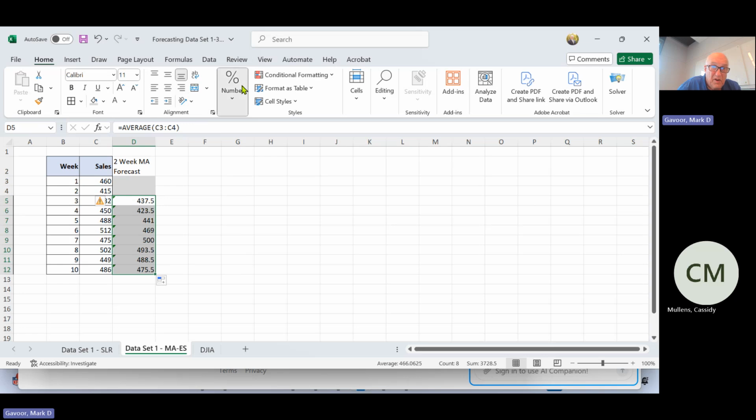So in this case, I would go here and get rid of 1 decimal place. All right, good for me. And if I go here and put the next time period, I could bring this down 1, and my next forecast outside the known data would be 468. It's always just taking the average.